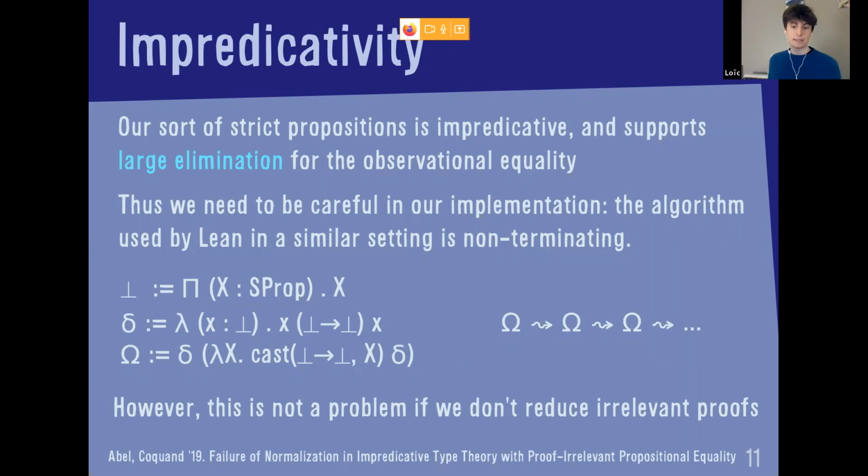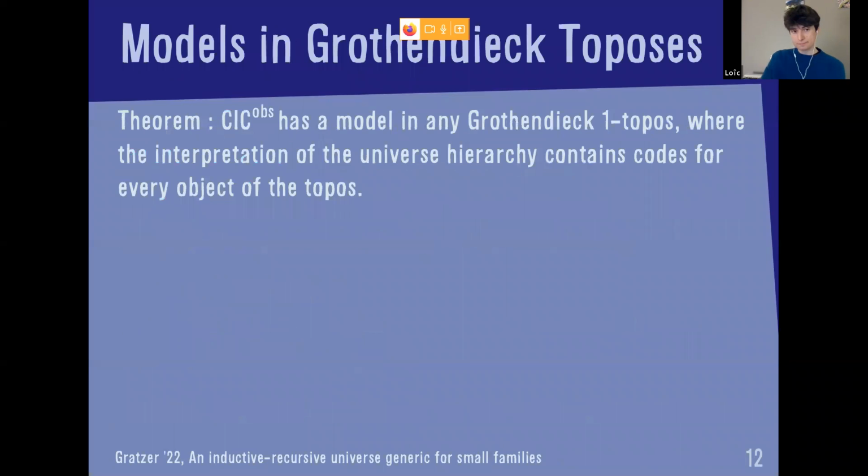We should really just keep it as a proof, and simply by the properties of strict propositions, we will never need a normal form to decide convertibility. So really, this is not an issue.